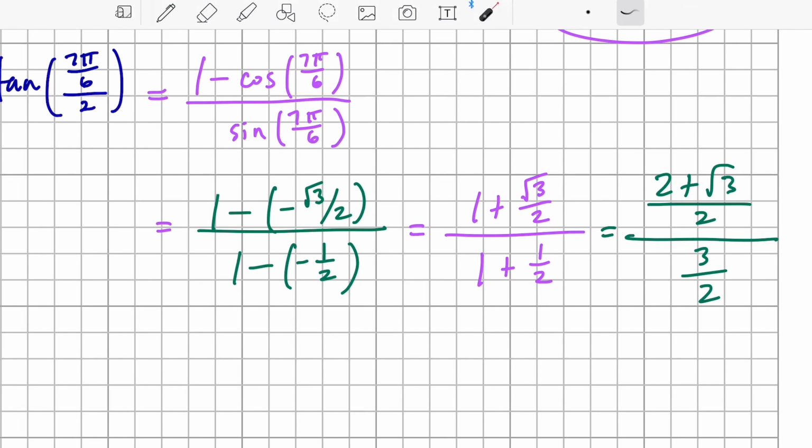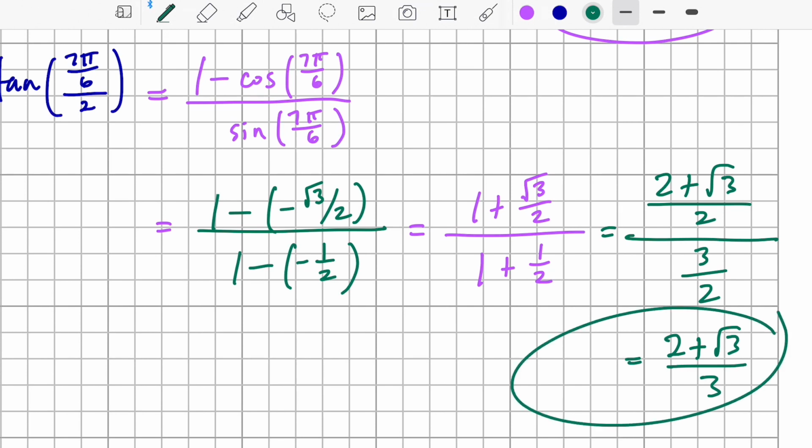And if I do that trick that I taught you, but before that, notice that the denominators are exactly the same. So that means they're going to cancel out. And if they cancel out, then we're left with 2 plus square root of 3 over 3. Final answer.